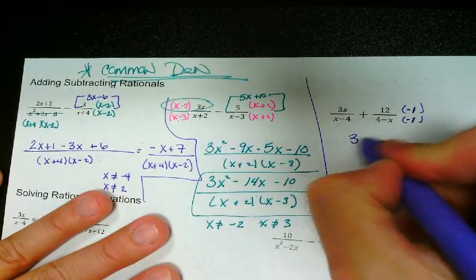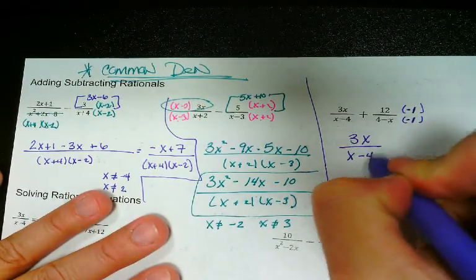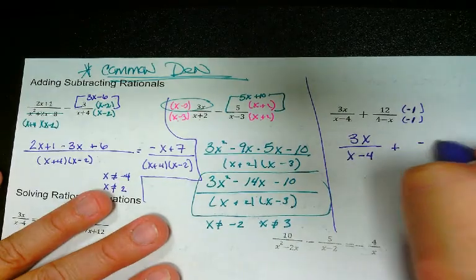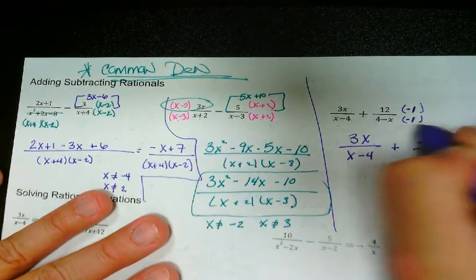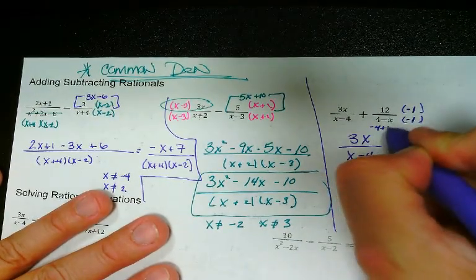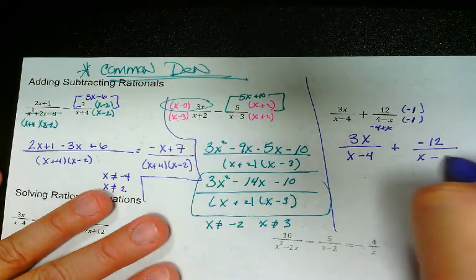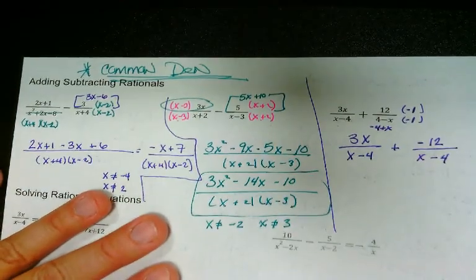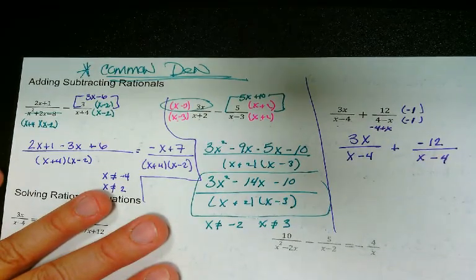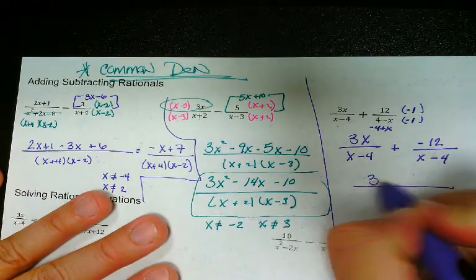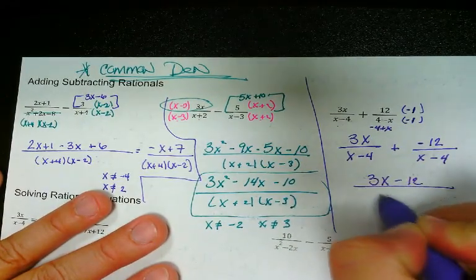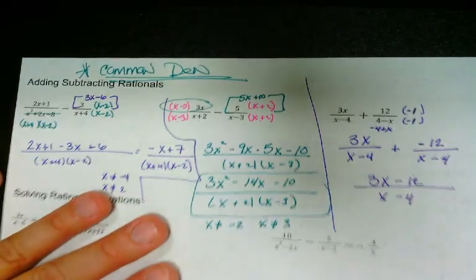Okay, so I'm going to get 3x over x minus 4 plus, this is a -12, and this becomes a -4 plus x, which is really x minus 4. Okay, so again, this is supposed to make your life a lot easier. Now when I add, I get 3x minus 12 over x minus 4.